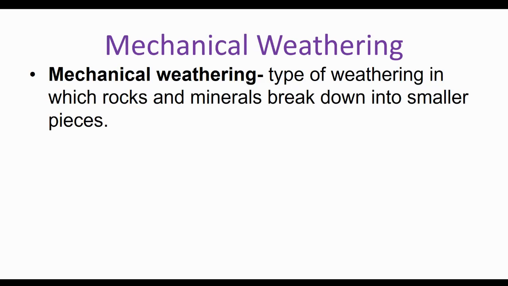Mechanical weathering is the type of weathering in which rocks and minerals break down into smaller pieces. The key thing here is that mechanical weathering does not change the composition of the rock. It only is going to break the rock down into smaller pieces.